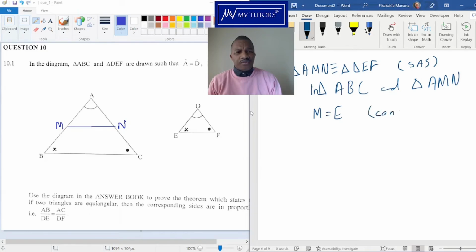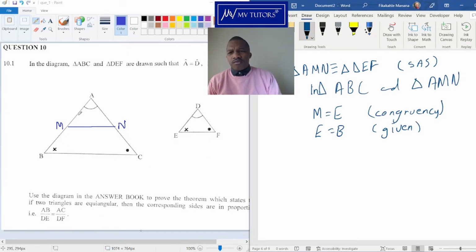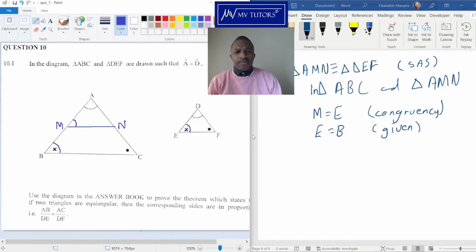Congruency. And then also we know that angle E is equal to angle B, which is given. So that means that these two angles are equal, right? Because E is equal to M. Therefore, what does this tell us?